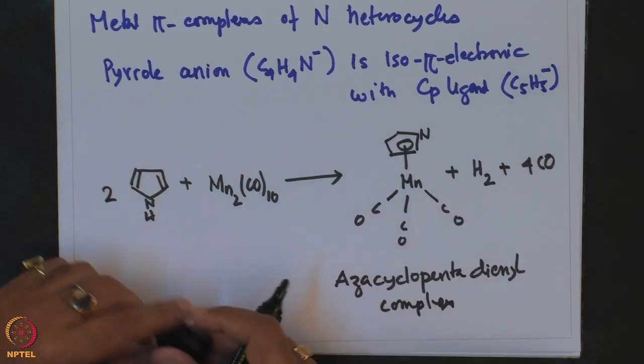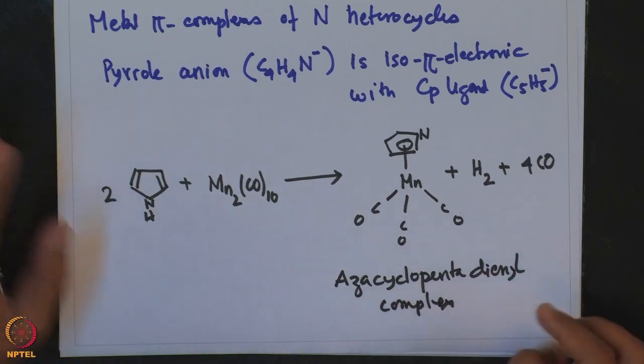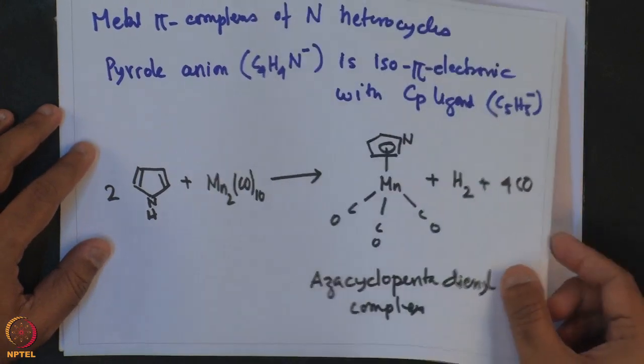so, this can be directly prepared from the pyrrole, or even from this pyrrole anion from iron precursor. So, the first synthesis that we had seen involved direct reaction of pyrrole with manganese carbonyl.